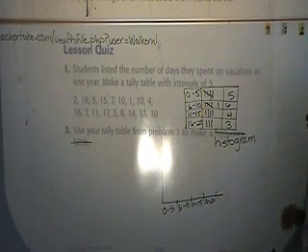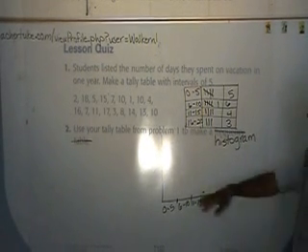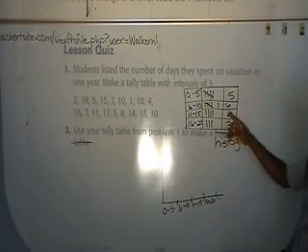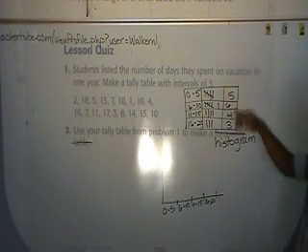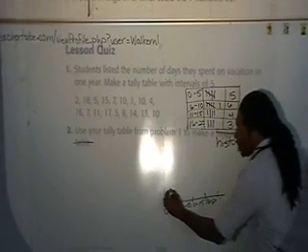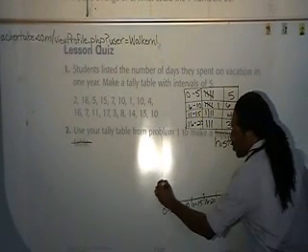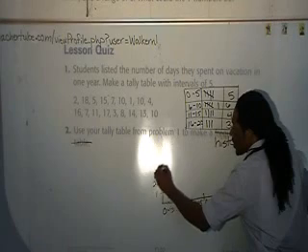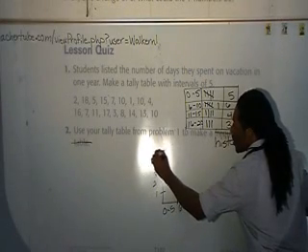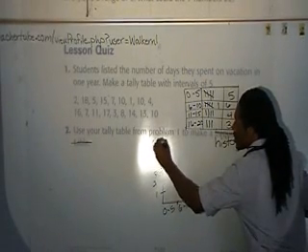And over here will be our frequencies. Our highest frequency is 6, our lowest is 3. So I will just count by ones again. 1, 2, 3, 4, 5, 6.